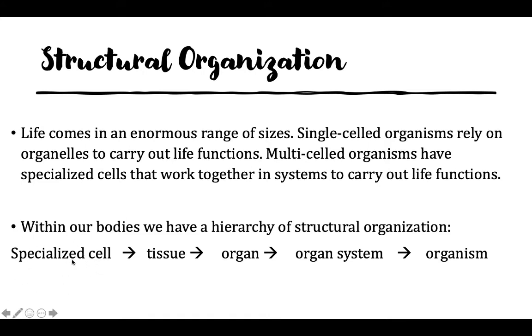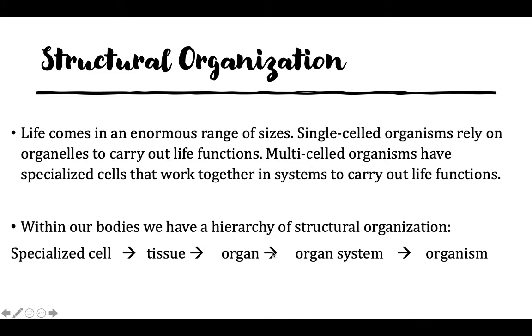All of those can be categorized as a specialized cell. When you have a bunch of specialized cells together, you form a tissue, right? You might have heard the term muscle tissue or epithelial tissue. All of those are referring to a bunch of different specialized cells put together. Then when you have a bunch of different tissues put together, you get an organ.